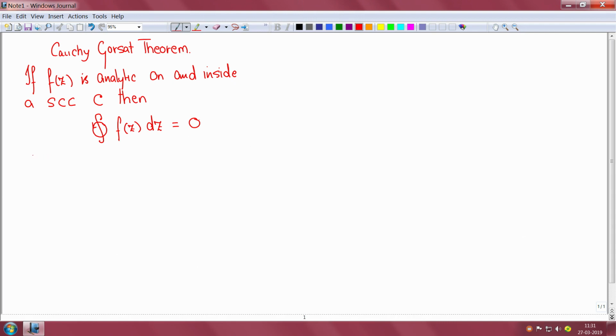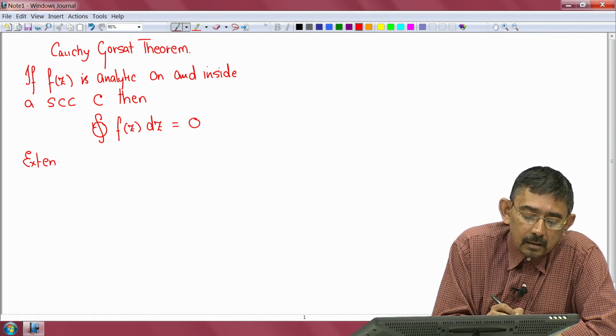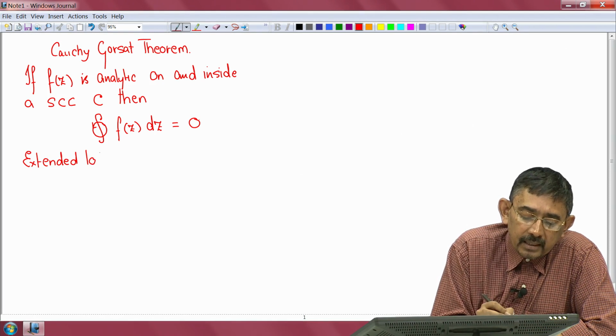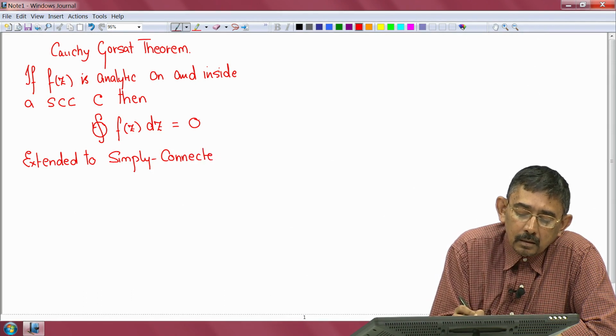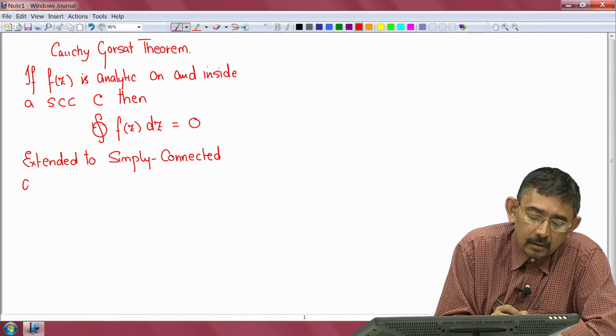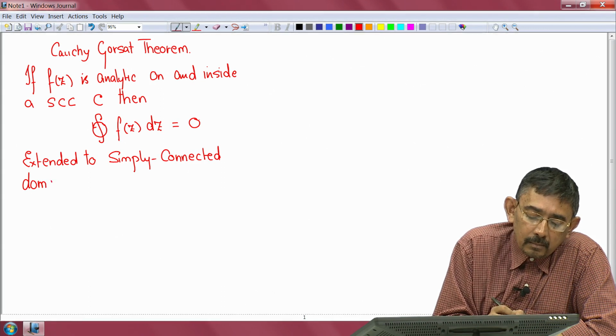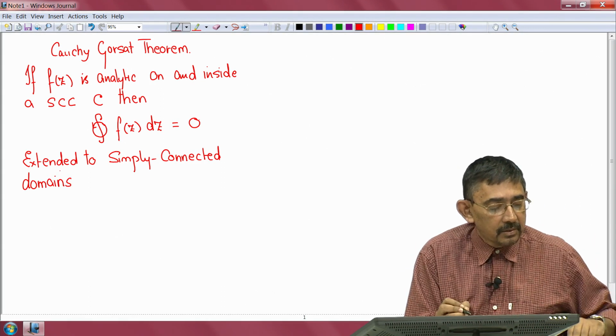Now, this can be very easily extended to simply connected domains, because interiors of closed contours are involved.